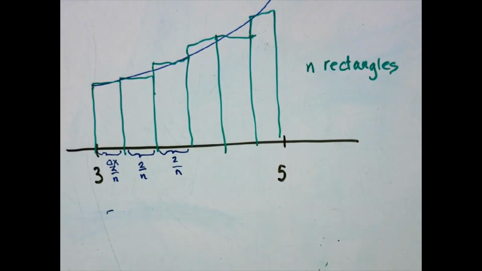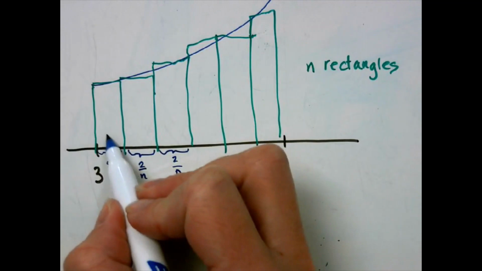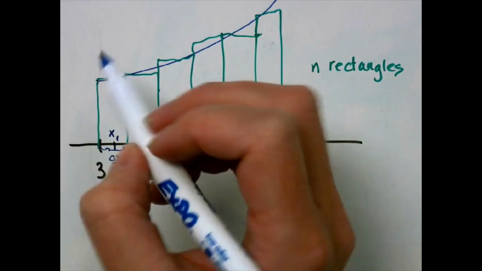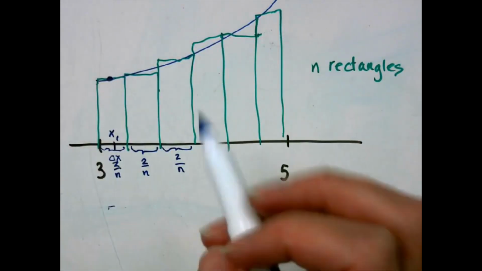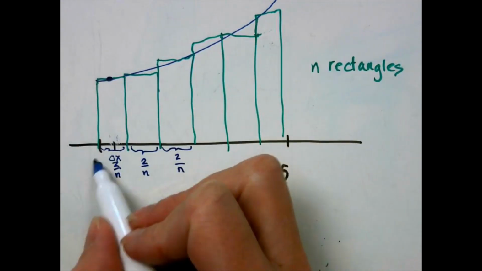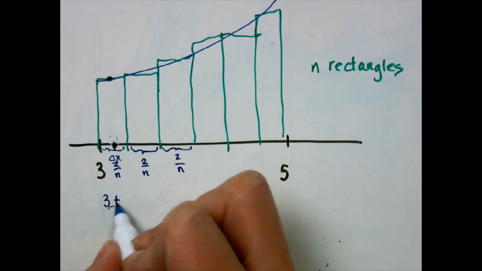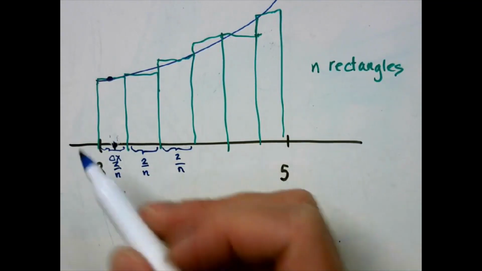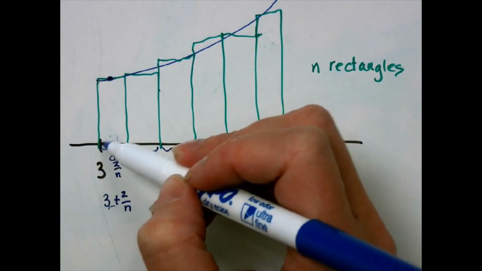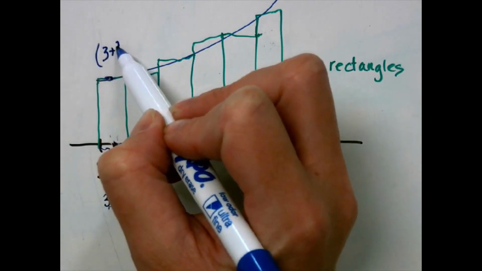Okay, the heights. Okay, I'm going to call this here x1. The height is going to be f of x1, or it's going to be x1 squared. So here we've got 3, and I'm adding on 2 over n. Okay, that's my x. We started here, I add on 2 over n. So this is going to be (3 + 2/n) squared.